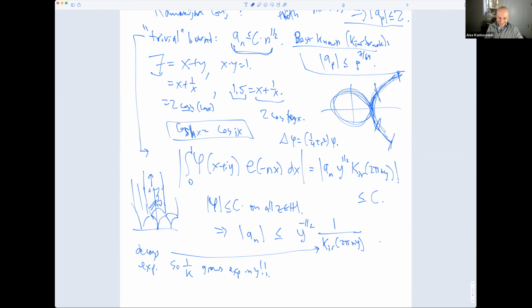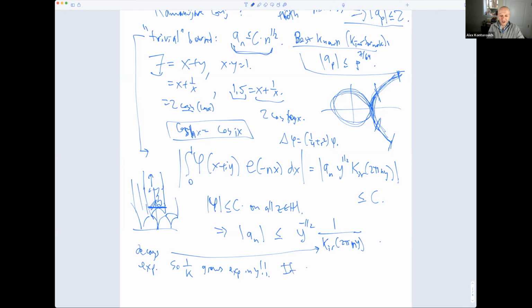Yeah. Exactly. If I just do this naively, if I just set y equal to 1, what is y equal to 1? It means I'm integrating at height 1 over this horocycle. That's what this integral is doing. I'm integrating the function against the character at height 1. That would give me a 1 here, but it would give me an e to the n.